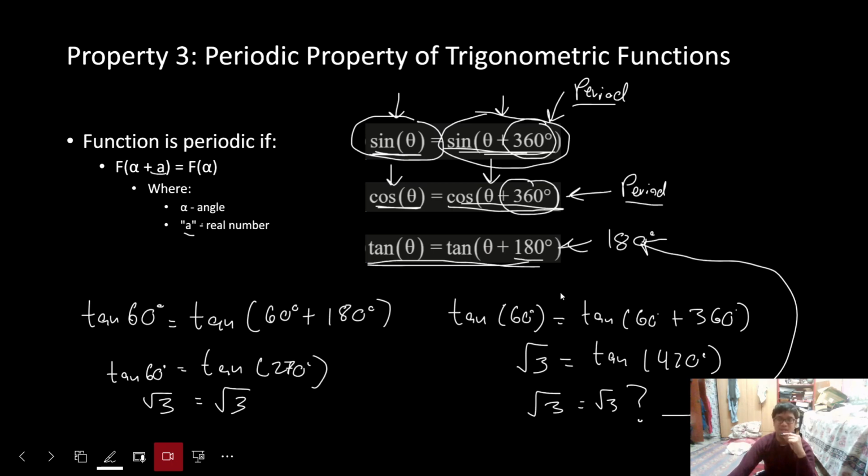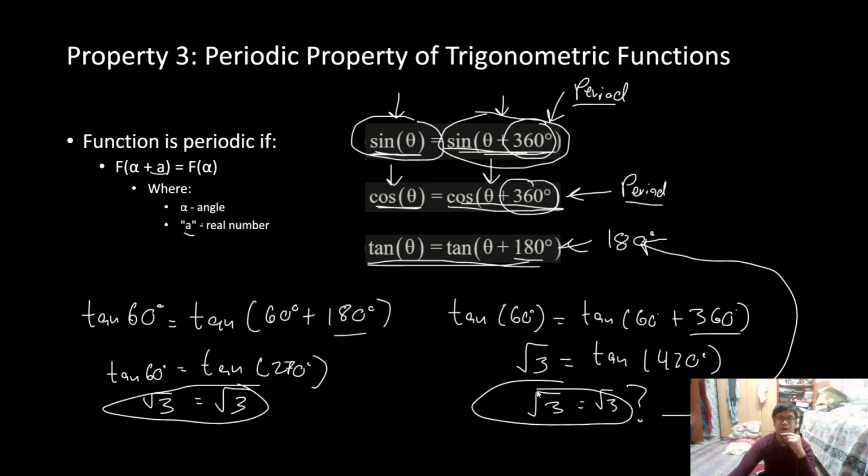However, in this case, we try 180 and then 360. The results are in fact the same. Therefore, why is it 180 degrees? Why not 360 degrees, just like the previous trigonometric functions that we discussed?